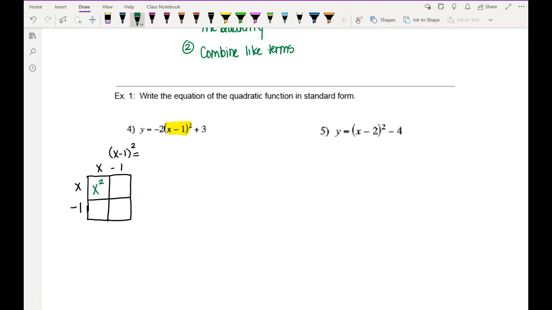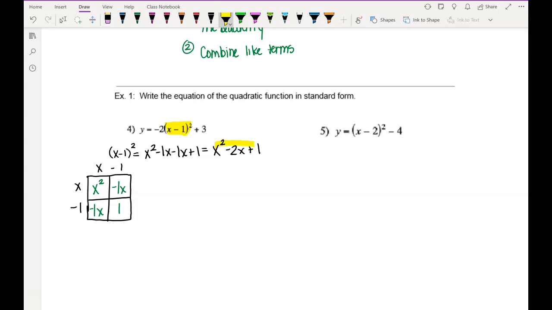X times x is x squared. X times negative 1 is negative 1x. Negative 1x times x is negative 1x. Negative 1 times negative 1 is positive 1. So I get x squared minus 1x plus 1 is x squared minus 2x plus 1.